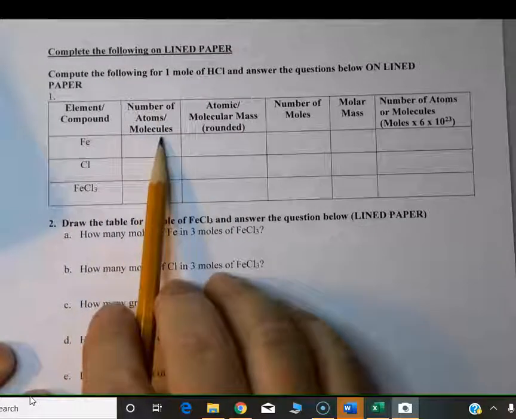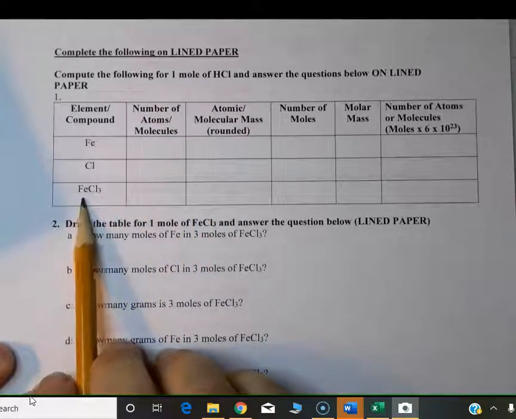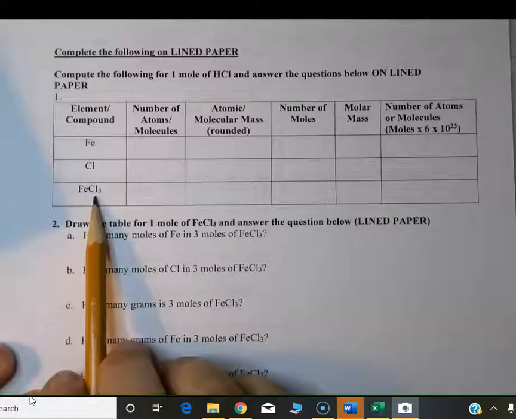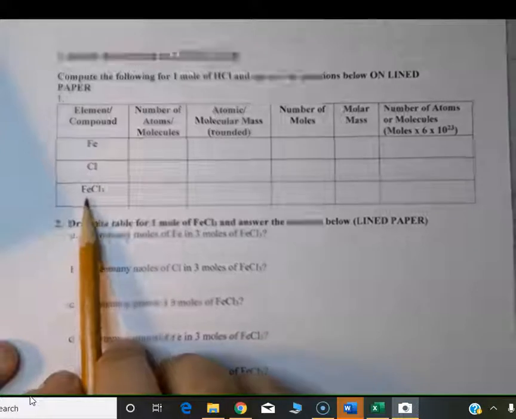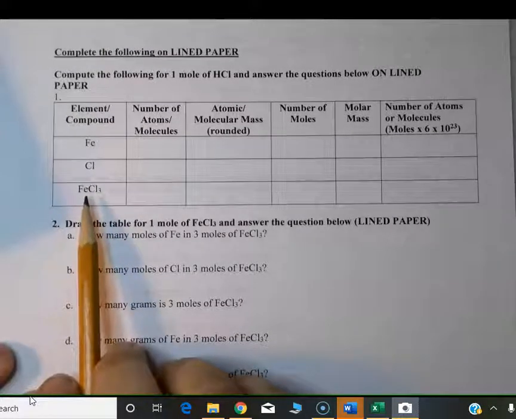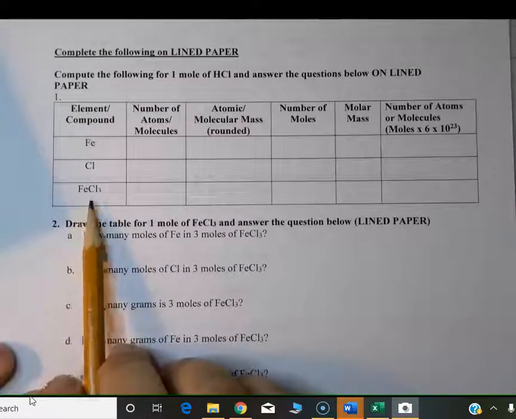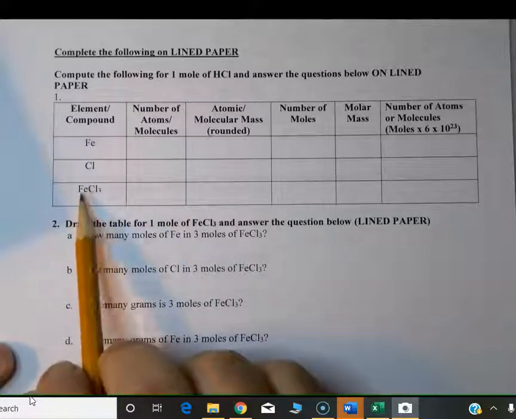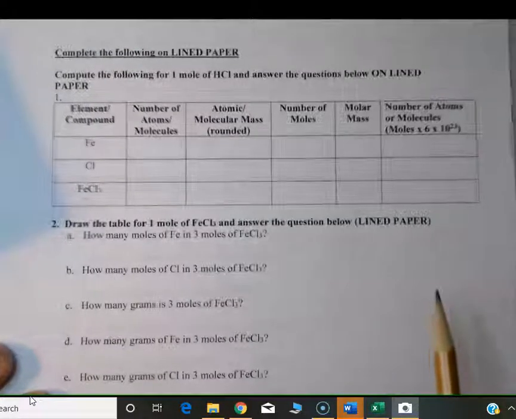So first, number of atoms. We're looking at this compound down here, and it is an ionic compound because it has a metal and a non-metal. It does not form a molecule, it forms a formula unit. It's like one apartment in an apartment building. You can't tear it out of the apartment building, but it's the simplest unit in that apartment building, and this is the simplest unit of this ionic compound.